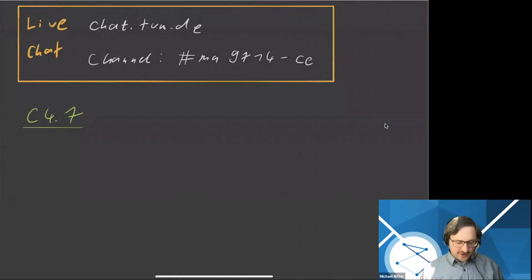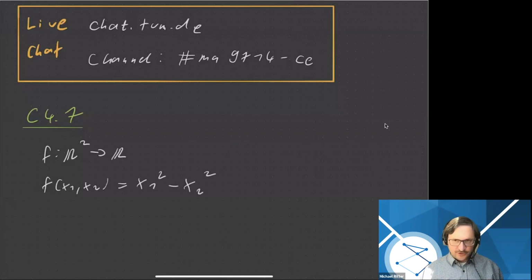Here we have a function f that maps R2 to R, and it is defined by f of x1, x2 is x1 squared minus x2 squared.